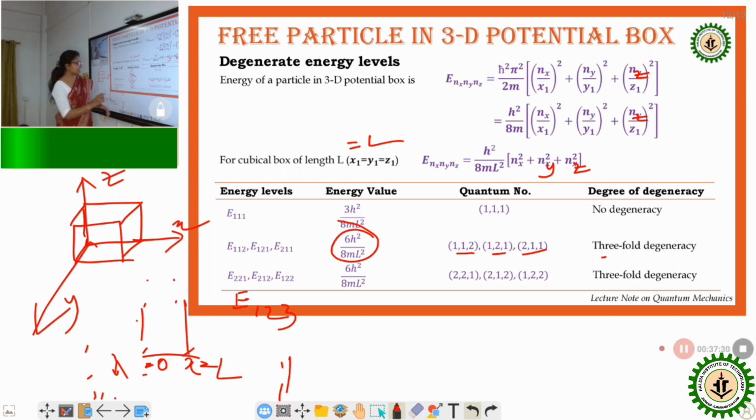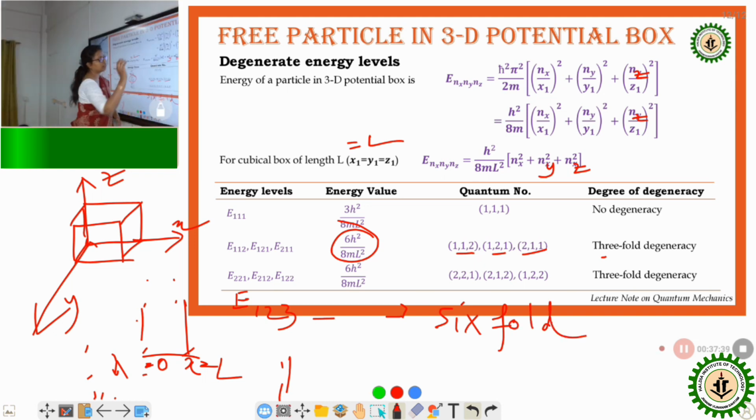That means it will give you the sixfold degeneracy. For that example, you will get the sixfold.